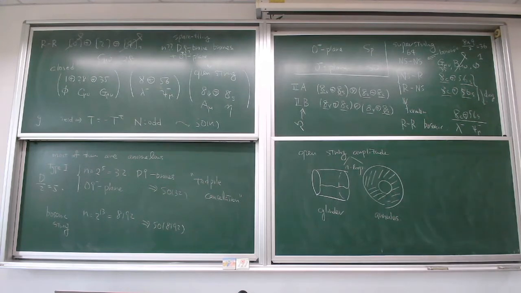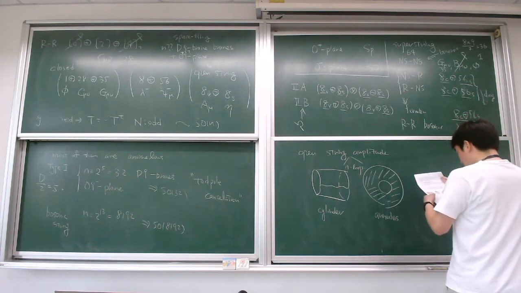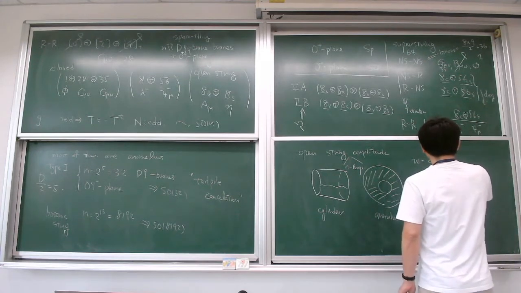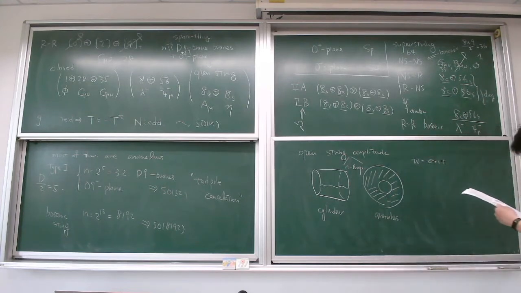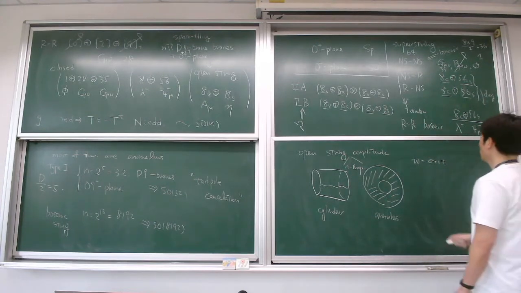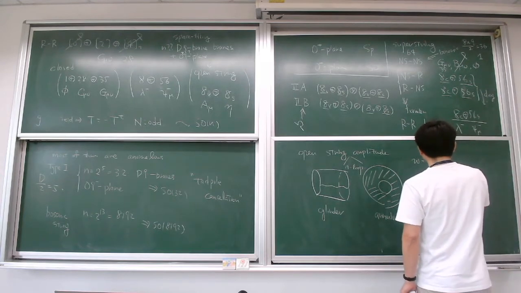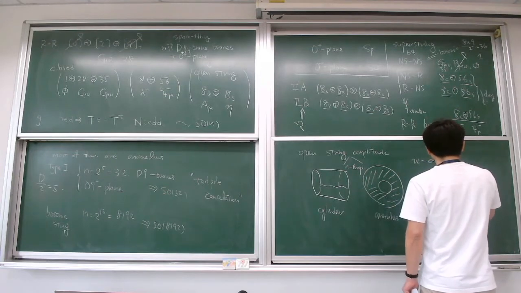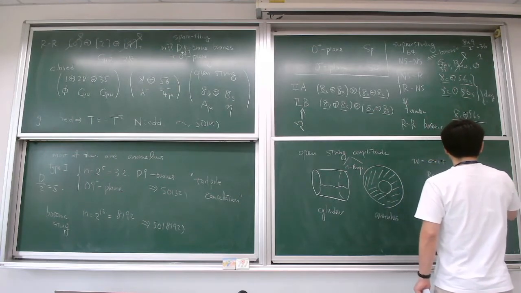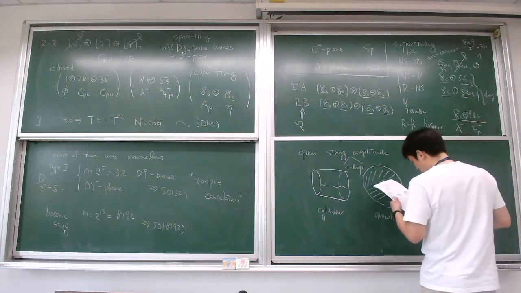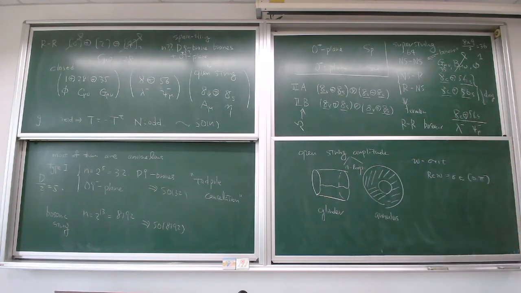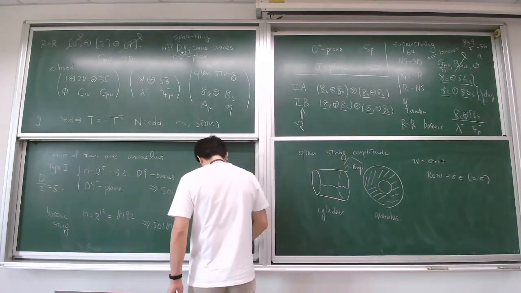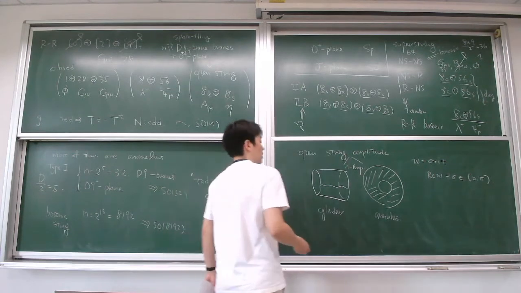So we can compute this one as before. So let's consider w equal to sigma plus i t. That's our convention, and sigma is indeed real. So the real part of w is sigma, which is in the range 0 to pi. Now consider it as a loop diagram.